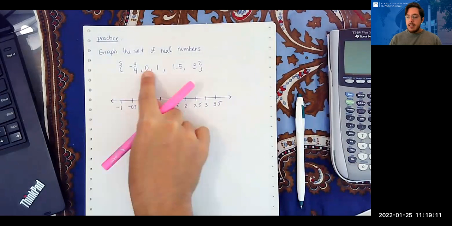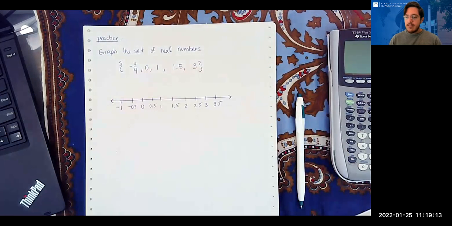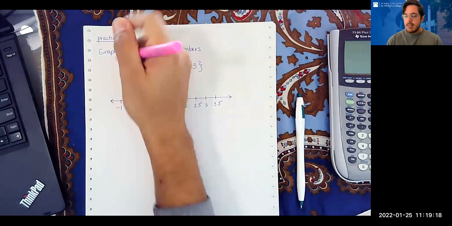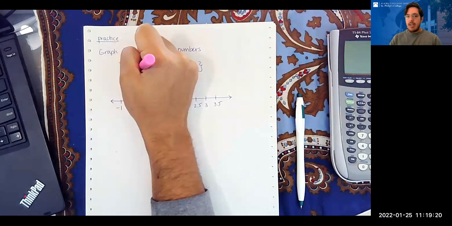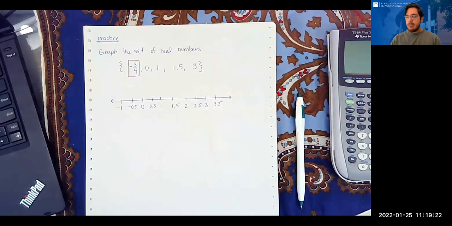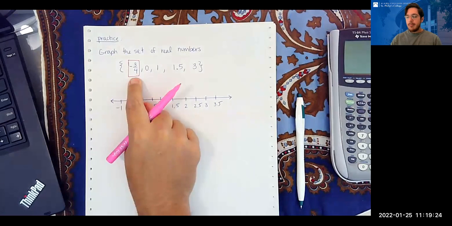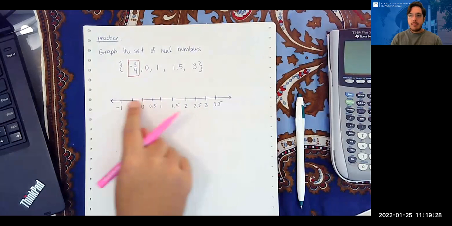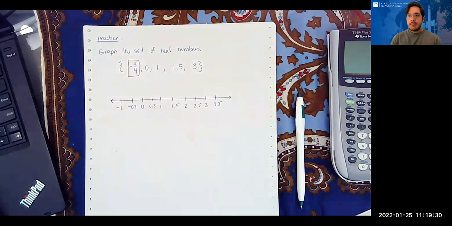Okay. So if I asked you, let's find the location of -3/4, does anybody know how I would go about finding where this should be located on the number line? Any ideas?